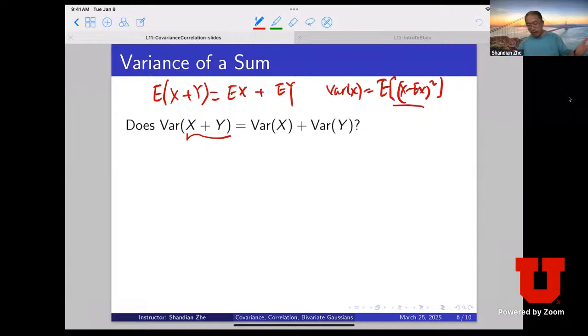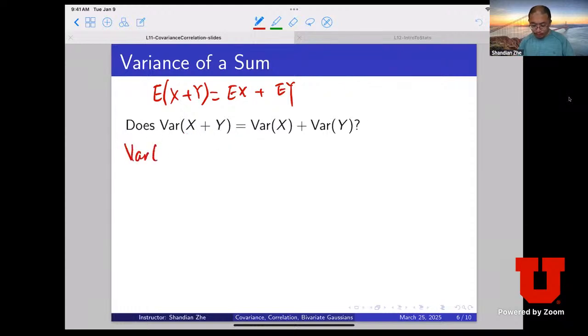Then what's the relationship between the variance of X plus Y and the variance of X and variance of Y? Let's try to dig this out. We start from the definition, right?